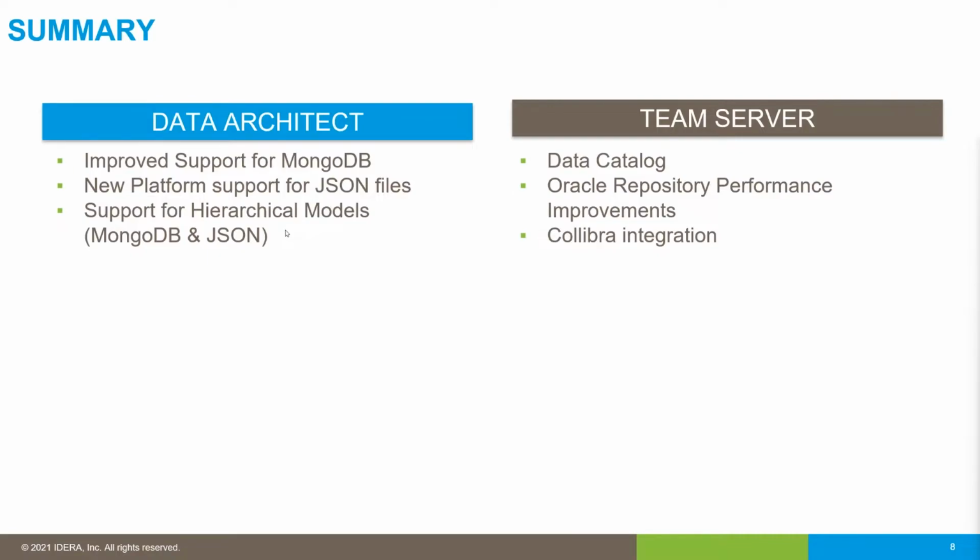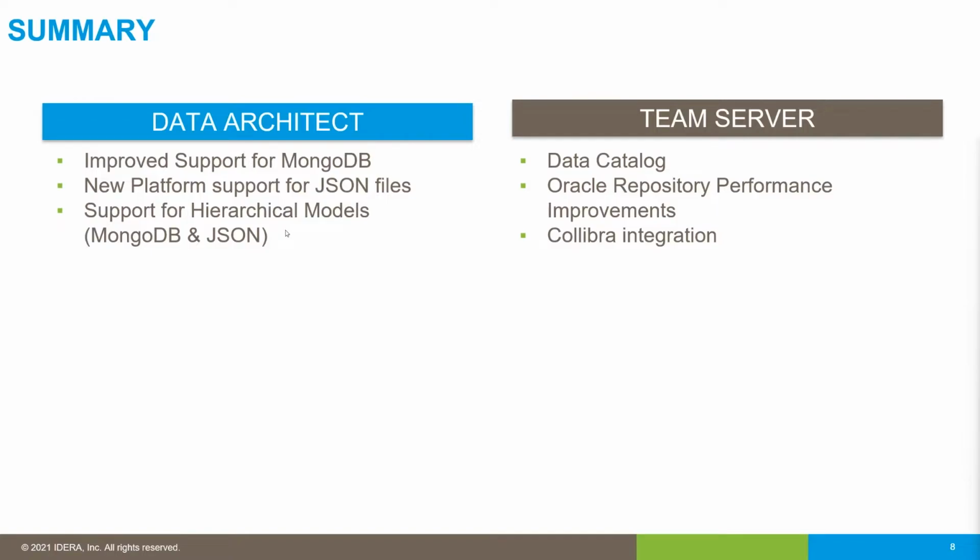ER Studio can really help you with that. And then over time, you can upgrade to a full-blown data governance tool like Collibra, for instance. And with the integrations we delivered in 19.1, you can then synchronize the knowledge inside ER Studio with your Collibra instance and continue the journey.